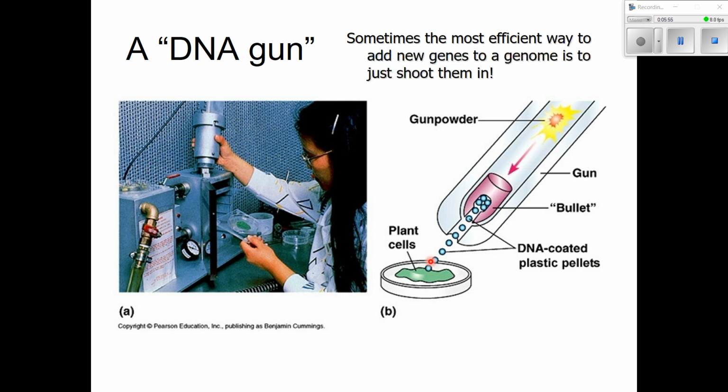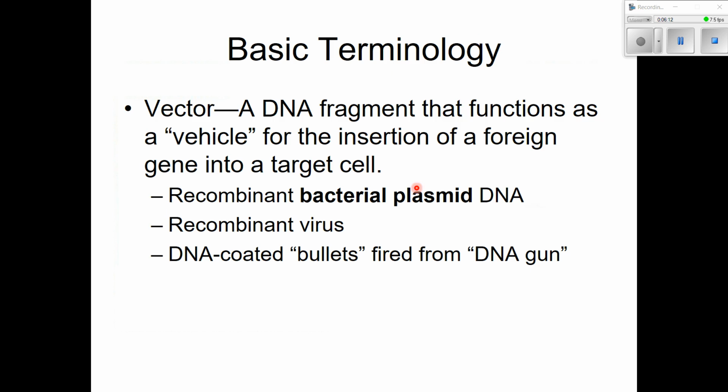And it's the DNA, it's the gene that you're trying to introduce into this plant tissue. And so it sounds kind of crude, but it is pretty effective at genetically modifying plants. So you can take embryonic tissue and fire the gene gun and introduce genes into those cells.